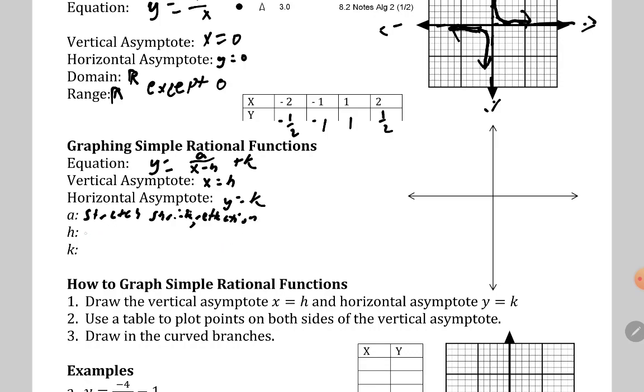And then h is your horizontal shift, left or right, and vertical shift for k, up or down.